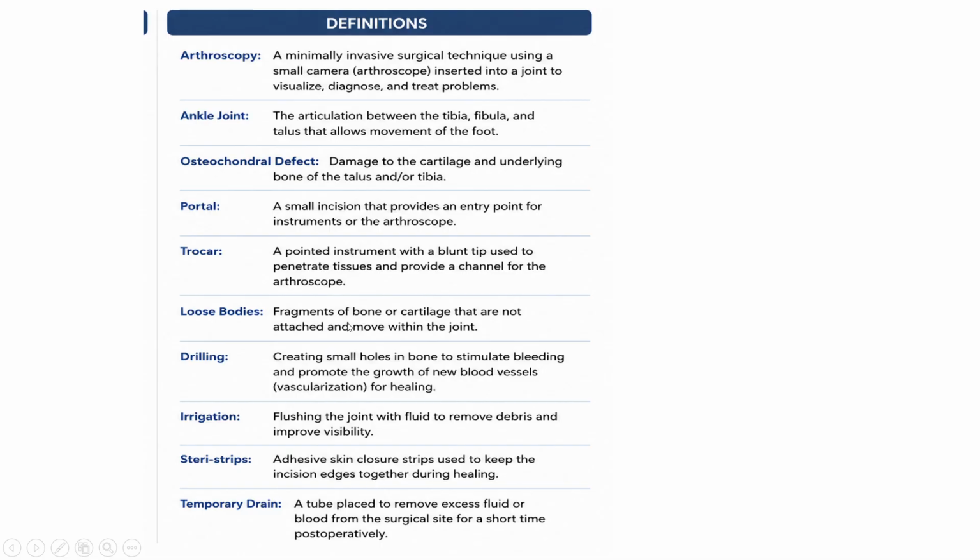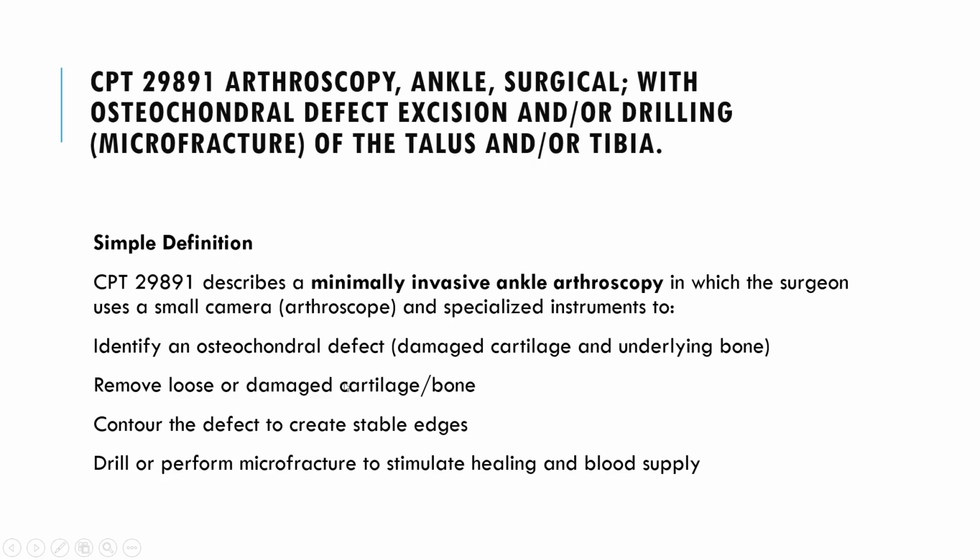I hope you understood the definitions till here. Coming to the CPT codes, we have CPT 29891 for arthroscopy, ankle, surgical, with osteochondral defect excision and/or drilling or microfracture of the talus and/or tibia. For the ankle you will come across the talus and the tibia.